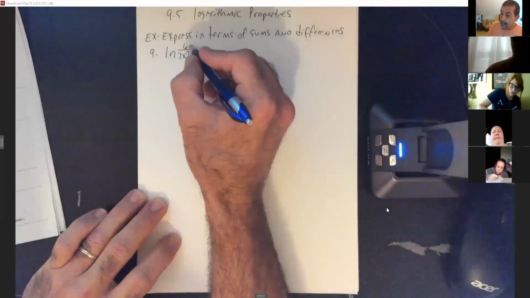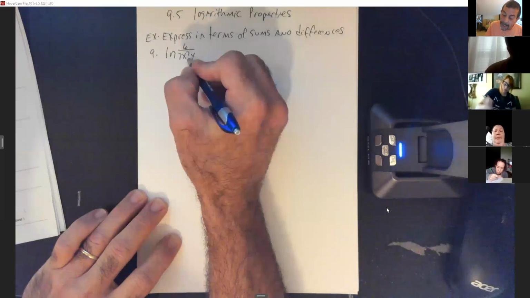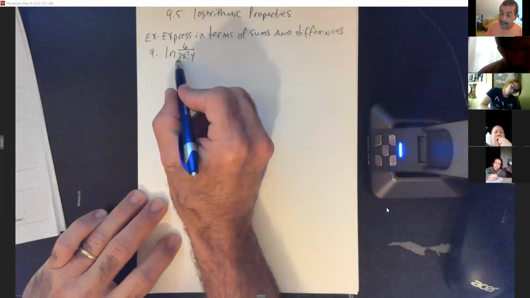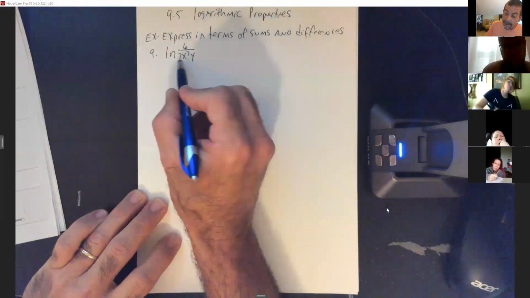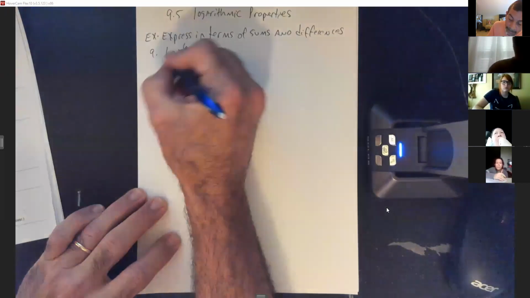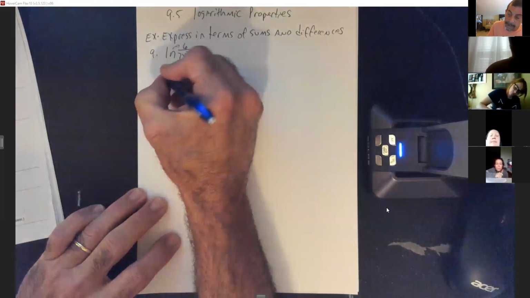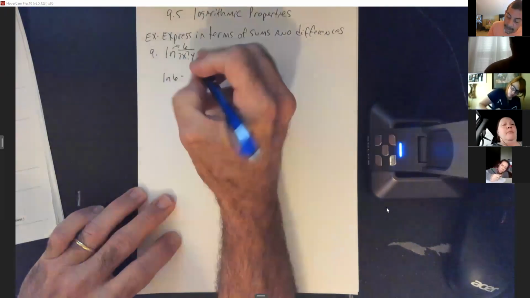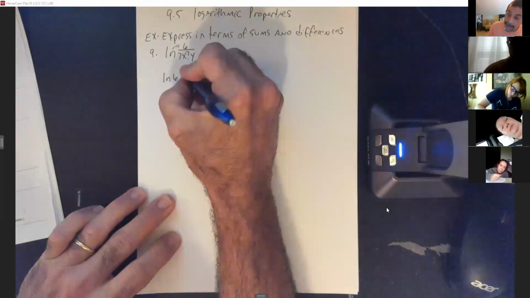And if they're sitting on the bottom, when I rewrite them, they'll be negative. And then you got to realize that that is actually 3 factors on the bottom. You got the 7, the x to the 7th, and the y. So when I rewrite this, I'm going to distribute the ln to everybody. So the one on top is going to stay positive. Everything on bottom, I'm going to distribute the ln to and make them negative.